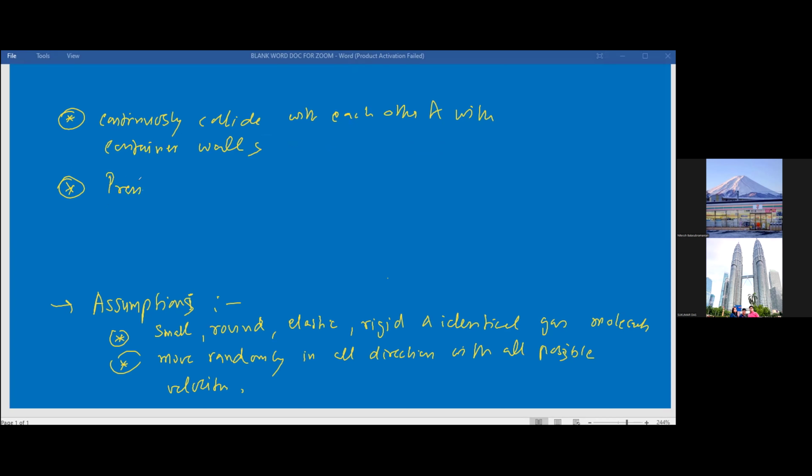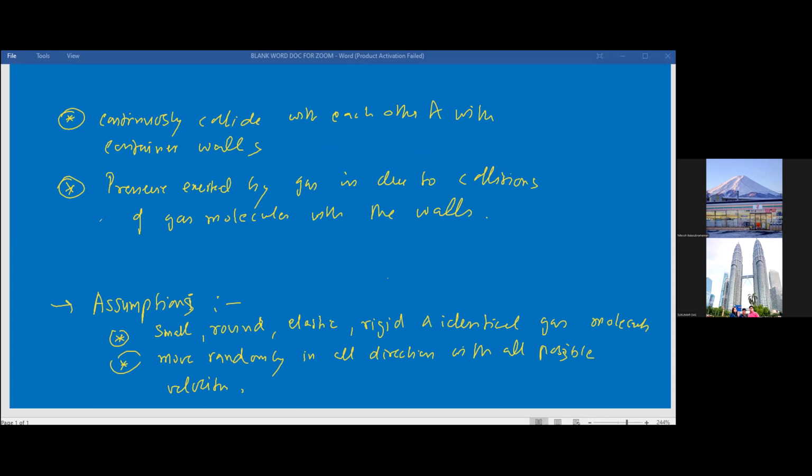So the pressure exerted by a gas is due to the collisions of gas molecules with the walls of the container.